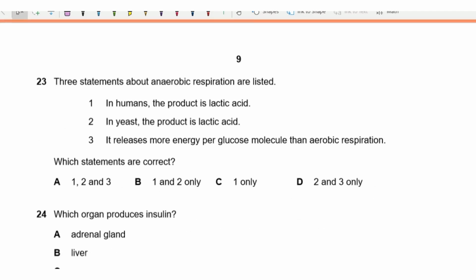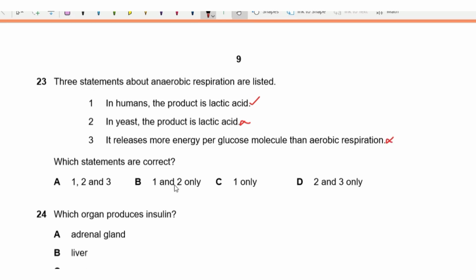It says, which statements about anaerobic respiration are listed? Number 1, in humans the product is lactic acid. In anaerobic respiration in yeast, lactic acid is not produced. And it does not release more energy per glucose molecule than aerobic respiration.